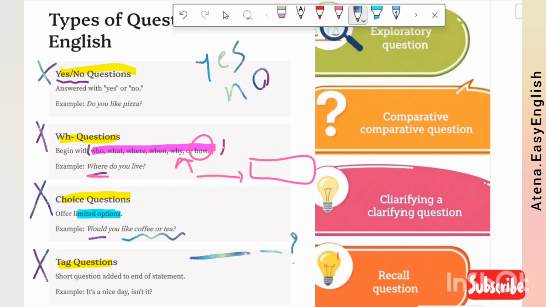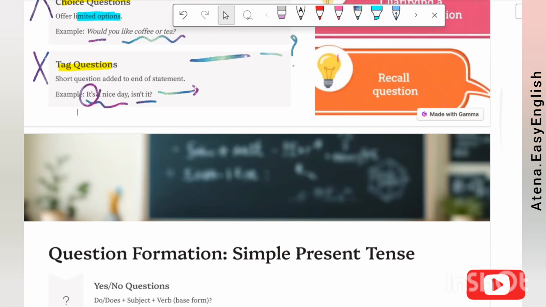So in these cases, you use a tag question. Look at here. It's a nice day, isn't it? And the tag question depends on the first sentence. If it's simple present, it's going to be simple present. It all depends on the first sentence. Very good.